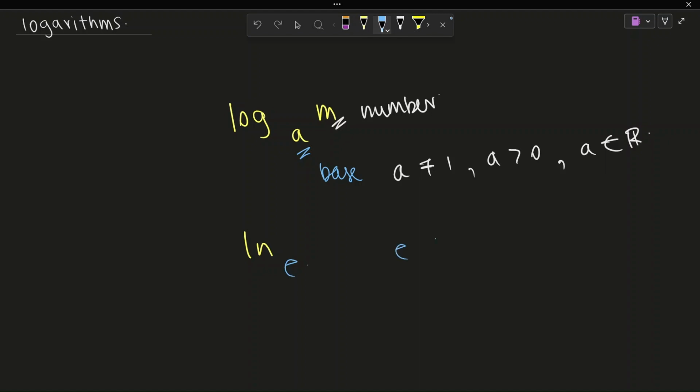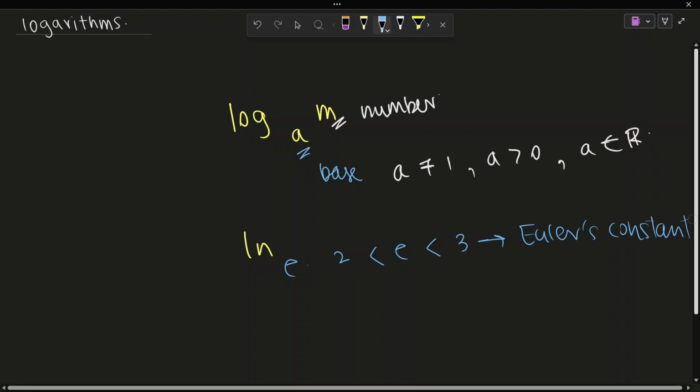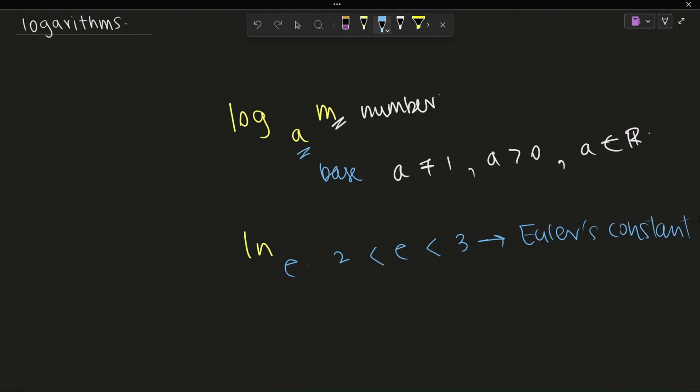Now, e is a number between 2 and 3, and it's called Euler's constant. Natural logs are read the same way and written the same way, they have a few extra rules, but the only difference is the base.